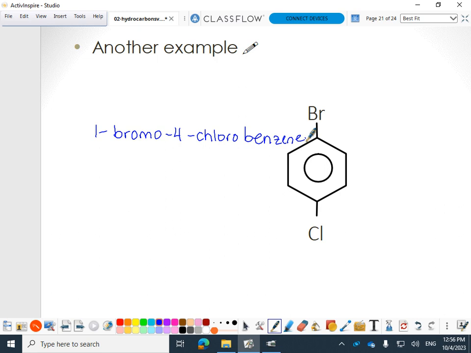Okay, and again, less common question. What happens when benzene is not the longest chain? Then we use the word phenyl, P-H-E-N-Y-L.